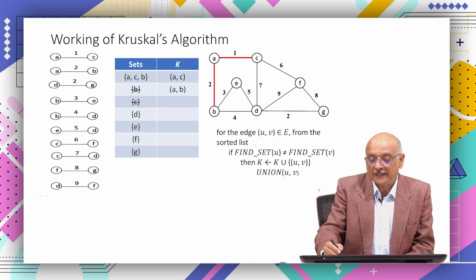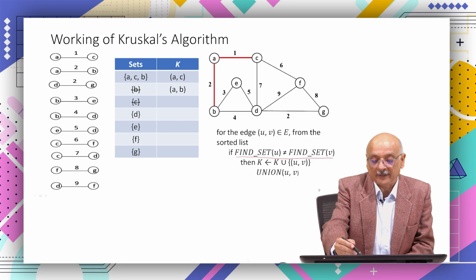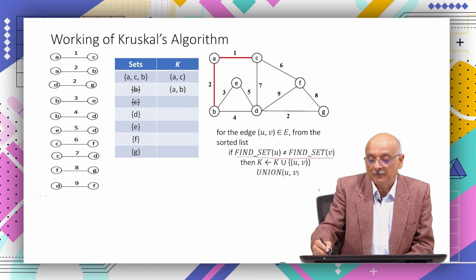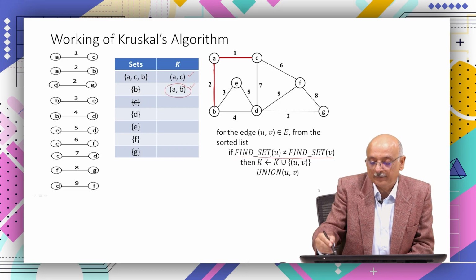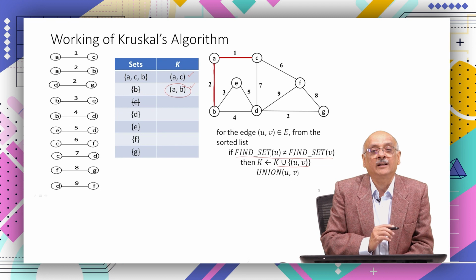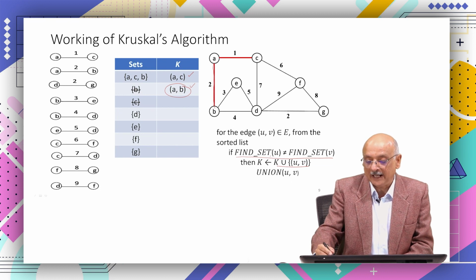A was a different set, B was a different set. It is during the find set that they were found to be of different sets. Therefore, we will add edge AB also in the set K as per this particular instruction.